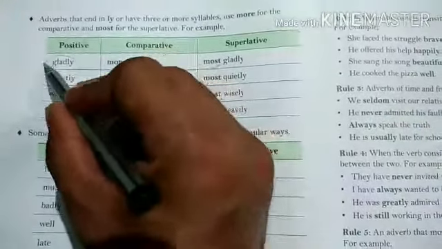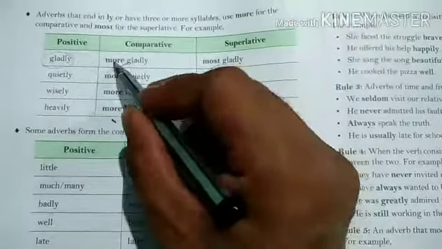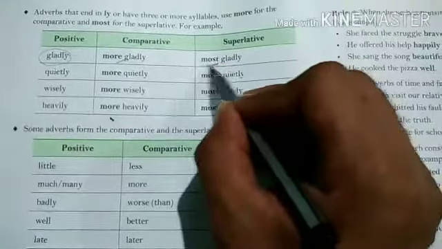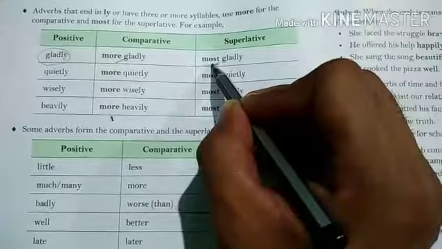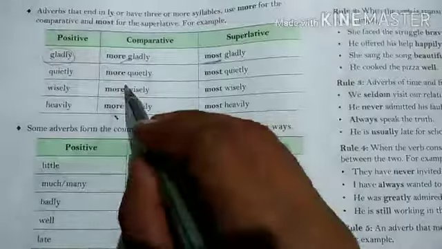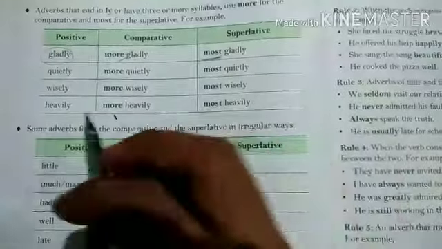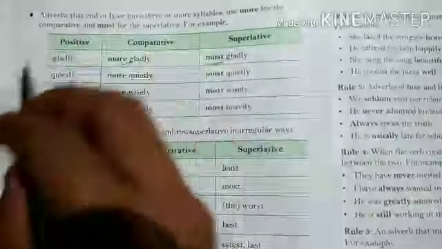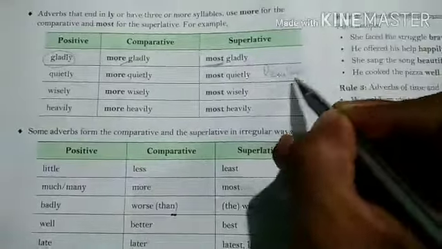Like gladly, this is positive degree, so we change it into comparative degree more gladly and superlative degree most gladly, like we have in degrees of adjectives. Like quietly, more quietly, most quietly; wisely, more wisely, most wisely; heavily, more heavily, most heavily. So these all are the regular degrees of adverb.